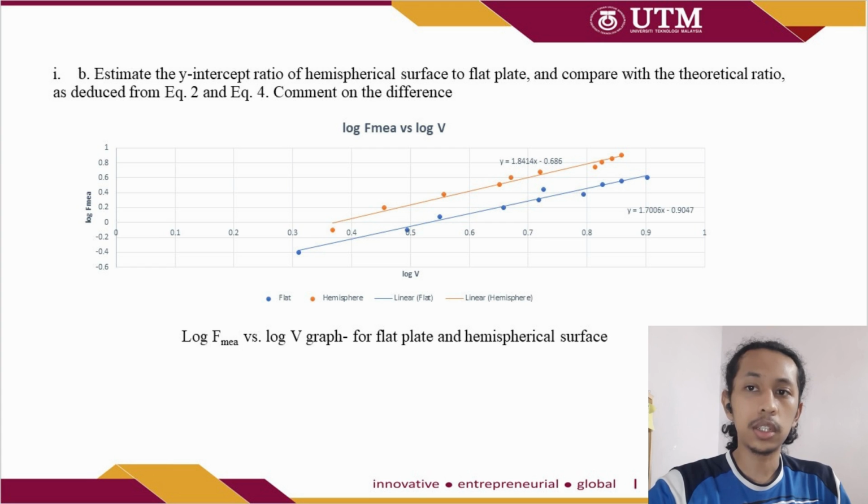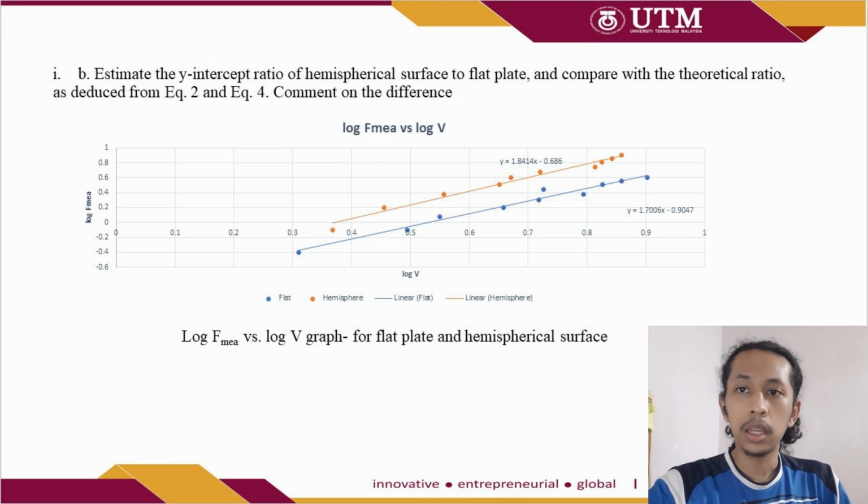The equation for a linear graph is y equals mx plus c, so we can substitute one of the coordinates and the slope to get the y-intercept. From that we get that the y-intercept for the flat plate is negative 0.9047, while the y-intercept for the hemispherical surface is negative 0.686.